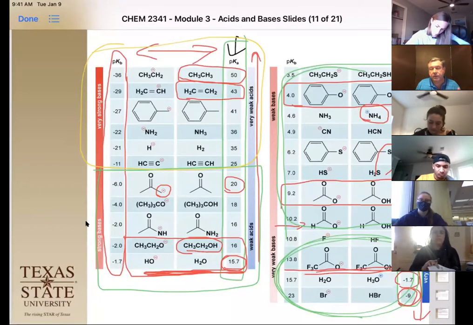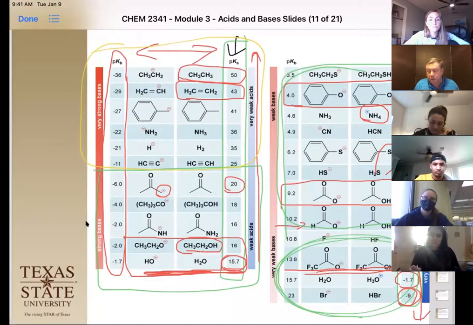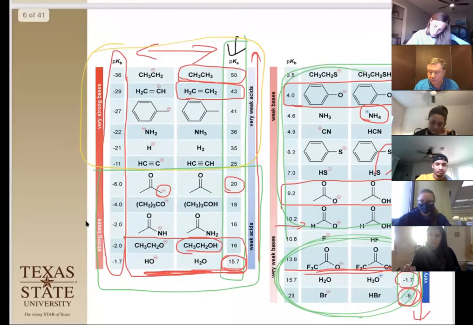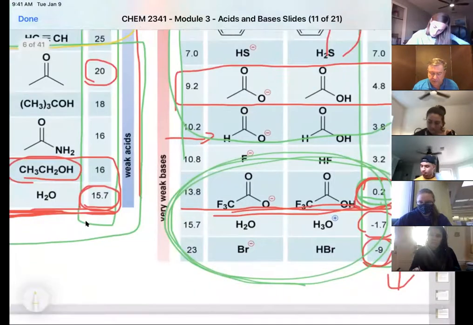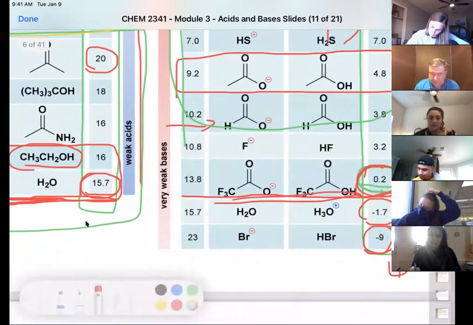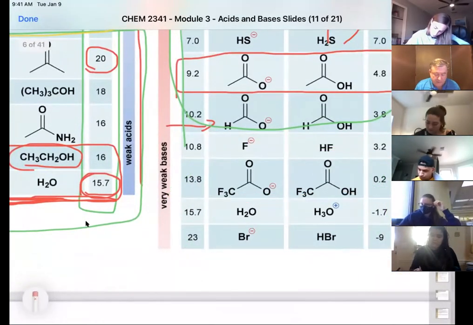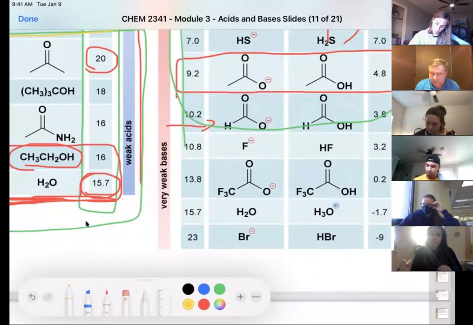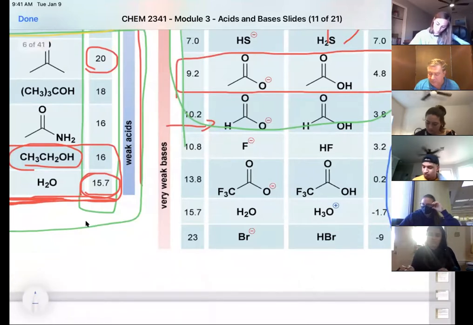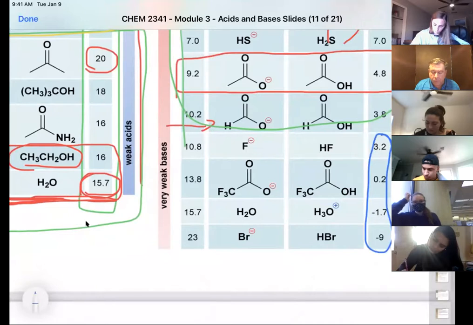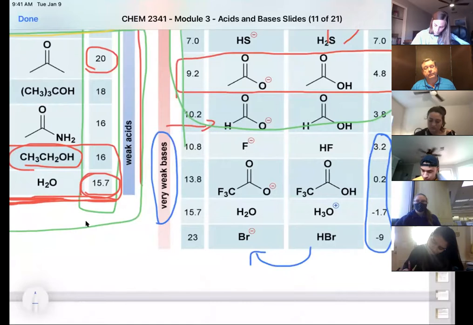The other thing I want to draw attention to is that when you have a very strong acid, with a pKa really close to 0 or below 0, once you make its conjugate base, it is a very weak base.